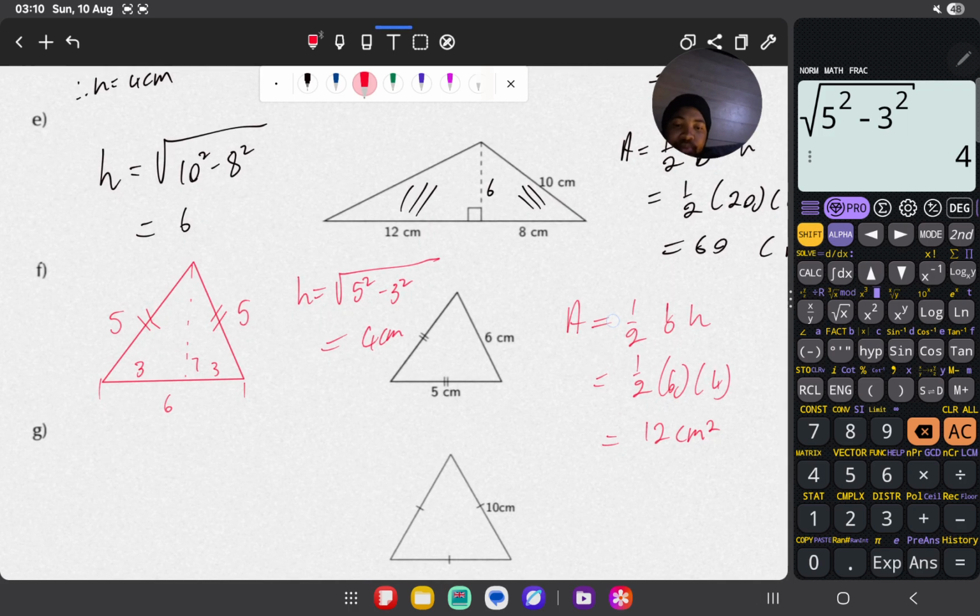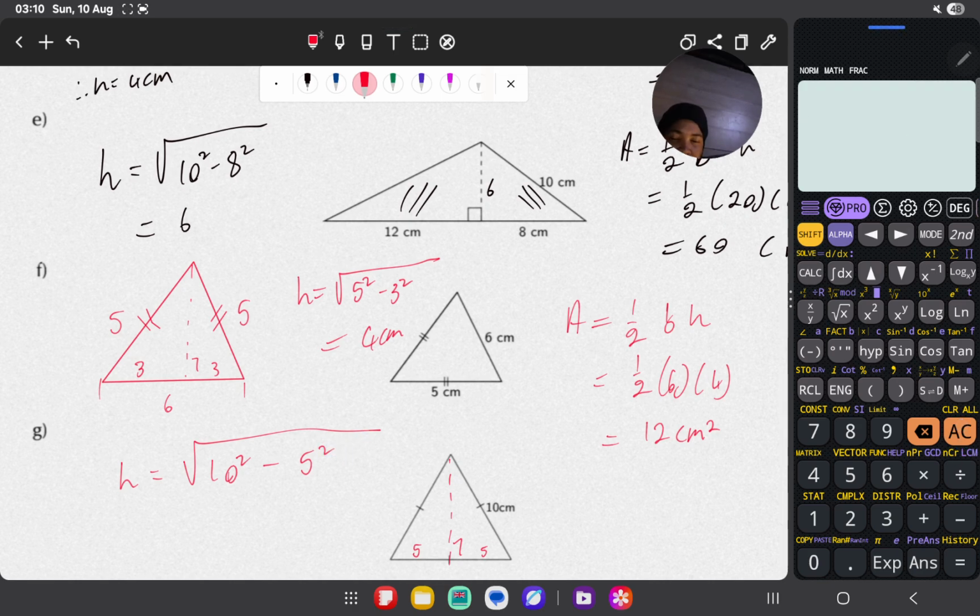Boom. And then you have your equilateral triangle, and you draw your perpendicular height, saying that you have 5 this side and 5 this side. You calculate your perpendicular height to be square root of 10 squared minus 5 squared. What do you think the answer is going to be?